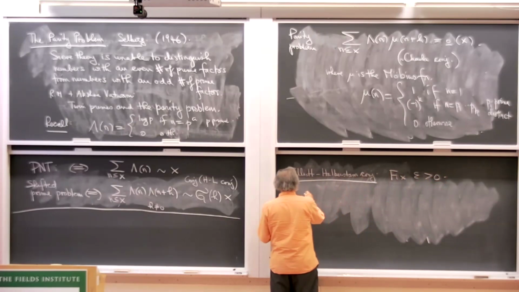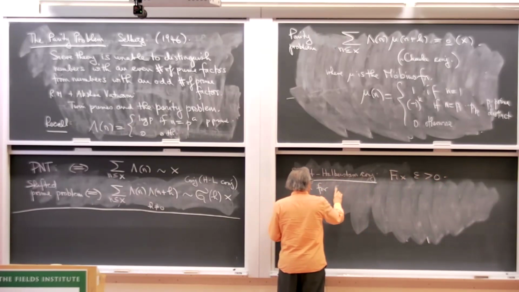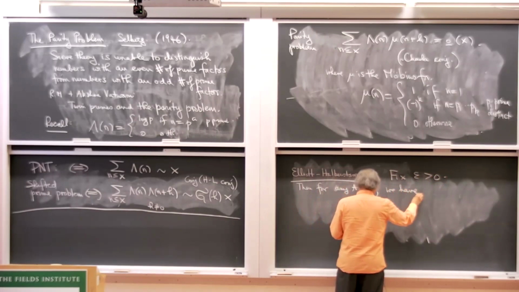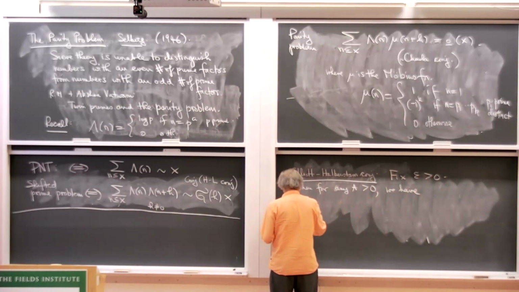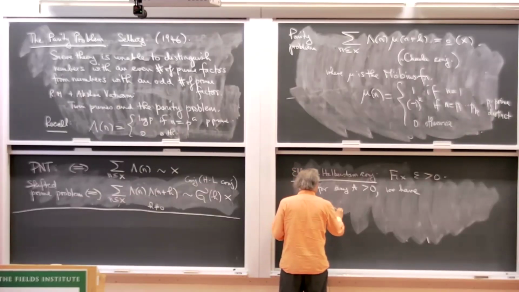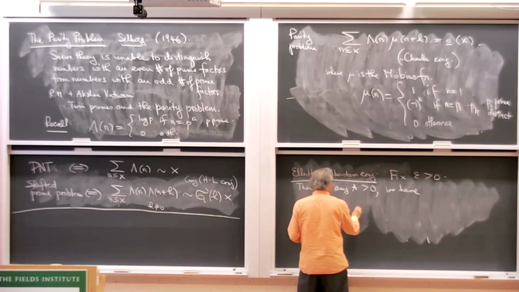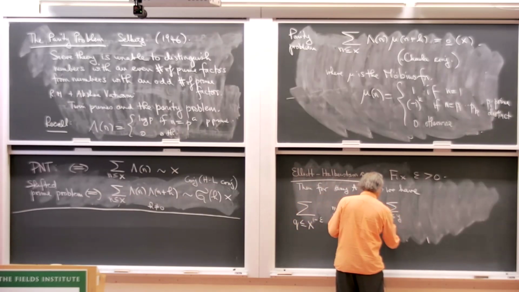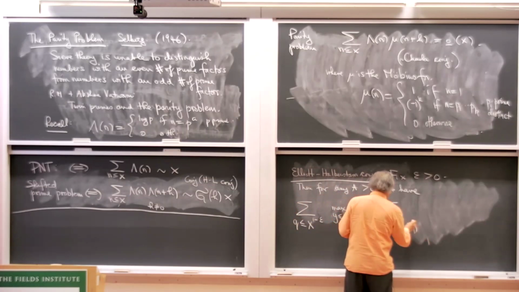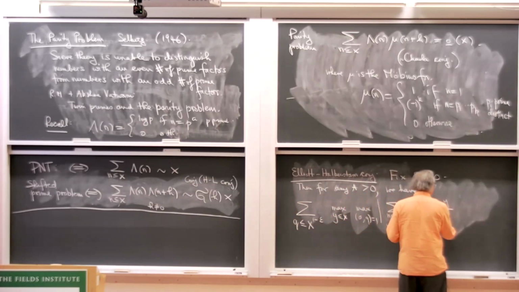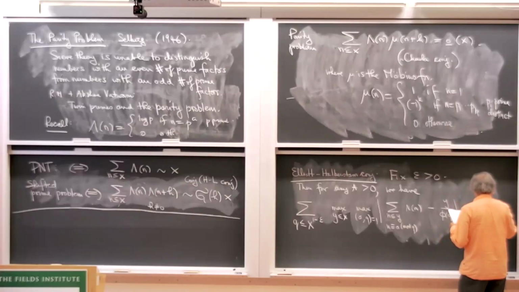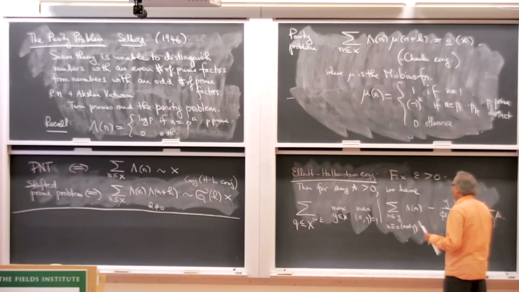And look at, then, for any A, we have, so these are primes in arithmetic progressions. So this is what's called the Elliot-Halberstam conjecture.